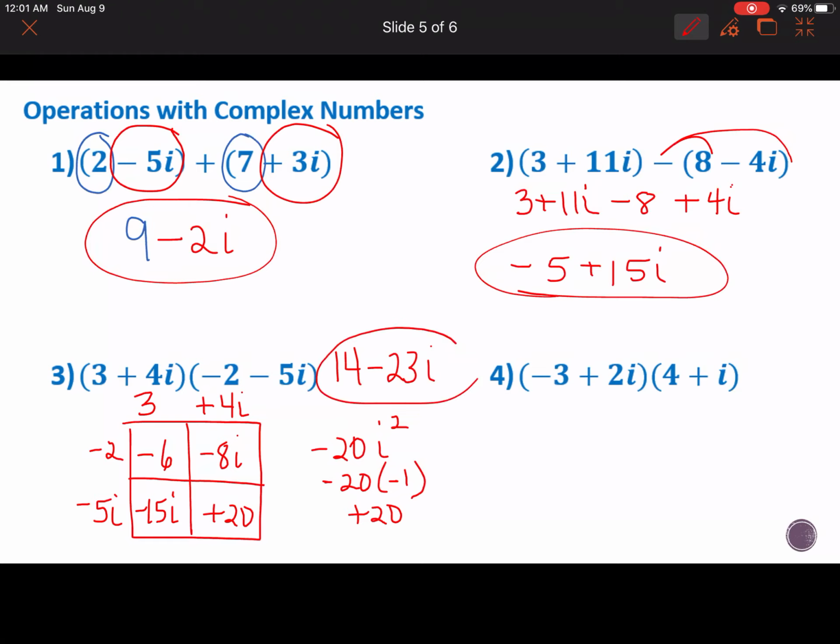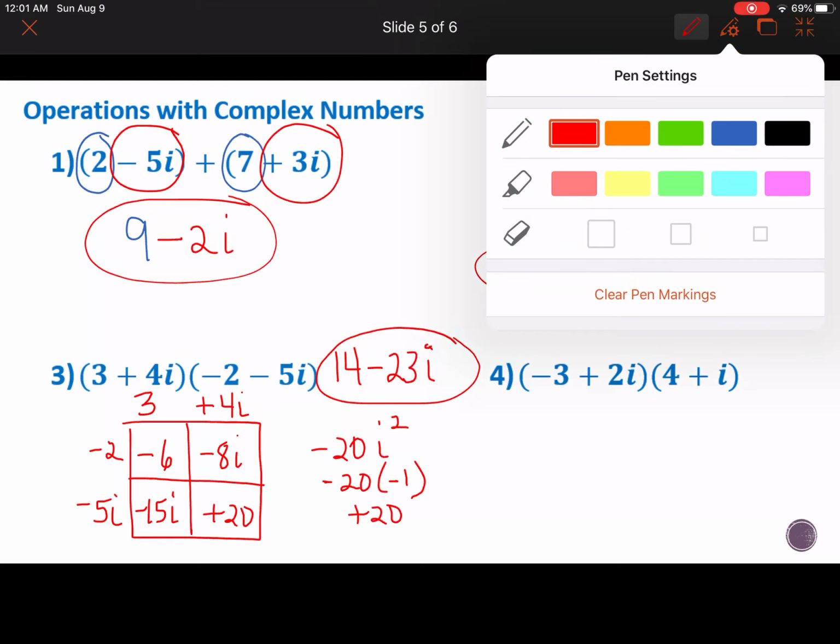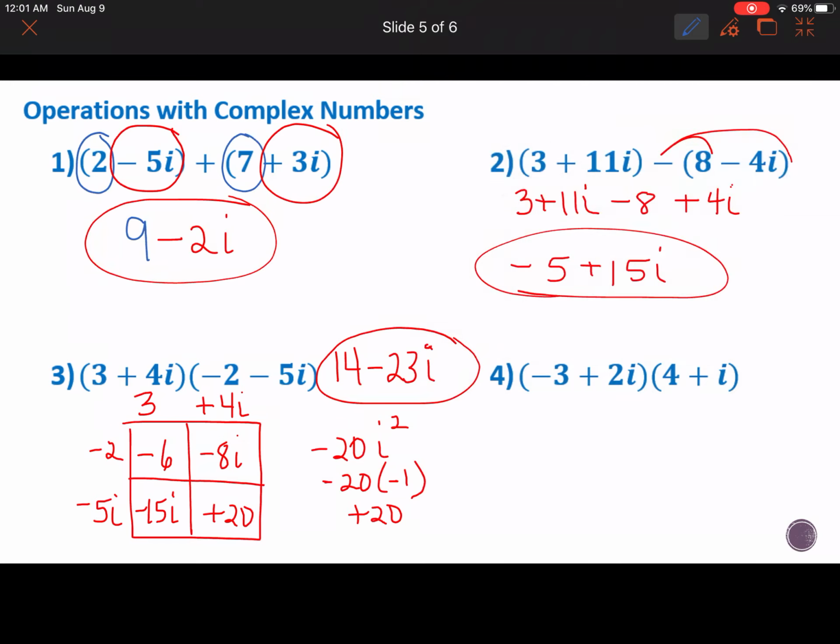Now, I recommend that you pause the recording to try to do number 4 on your own. So we're going to make our box here, and we're going to fill it in.